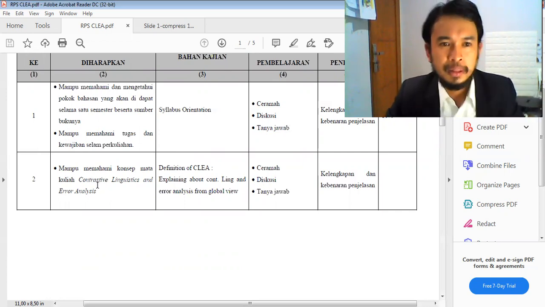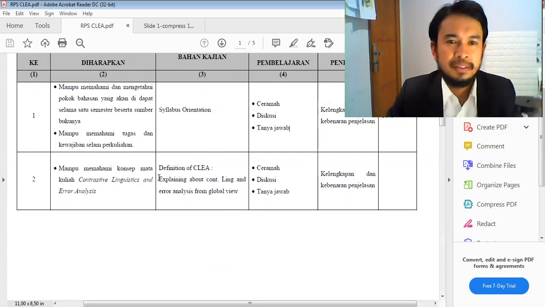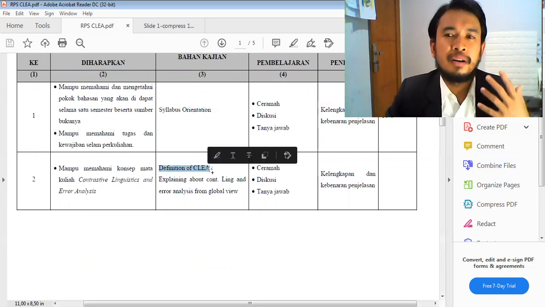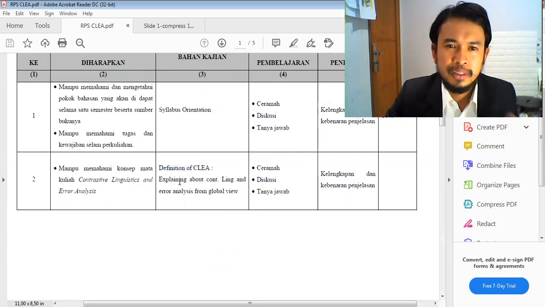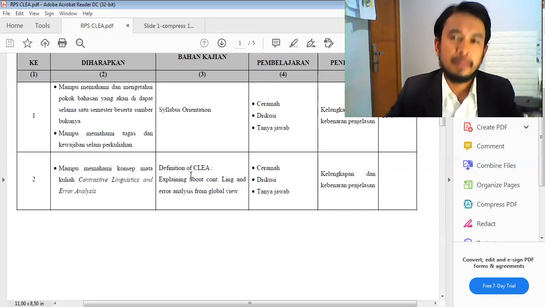be able to find out about the contrastive definition of CLEA itself, and also an explanation about contrastive linguistics and error analysis in the global view.